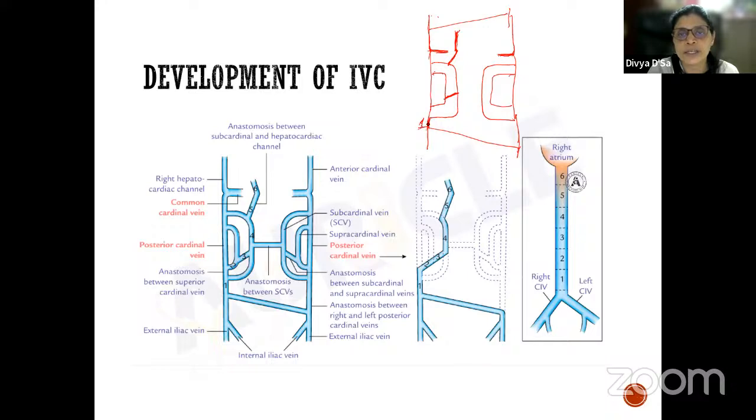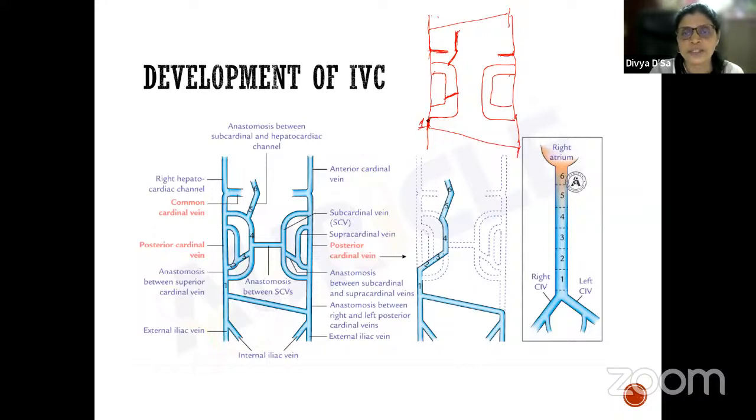So what is this segment now? It is the portion of what? The posterior cardinal vein. Okay. It is the posterior cardinal vein between the anastomotic channel between the right and left posterior cardinal and the caudal end of the subcardinal. You have to just read this diagram, okay? Then you understand better.